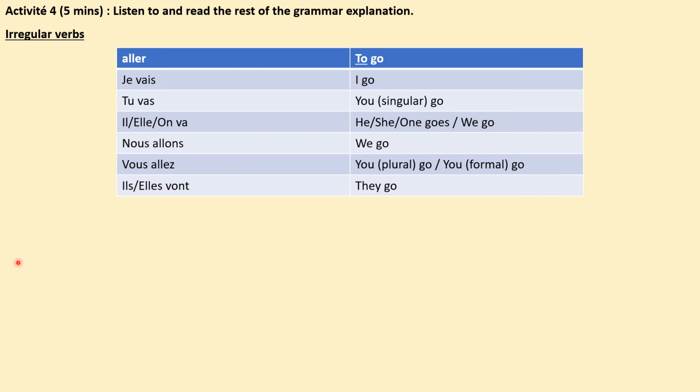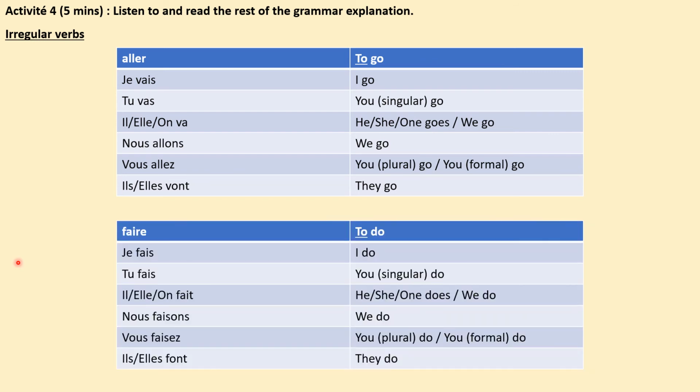Another very important and frequently used irregular verb is the verb faire, to do. Je fais, tu fais, il fait, nous faisons, vous faites, ils font. You may notice some similarities between the 2 verbs shown on screen.